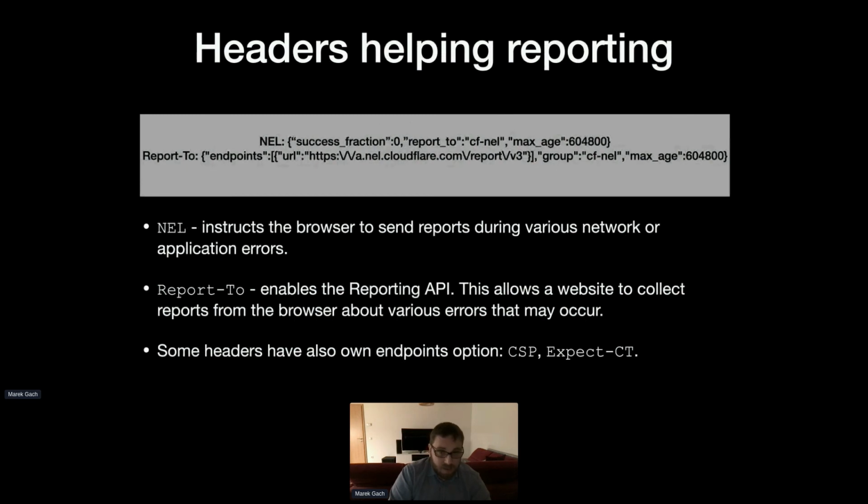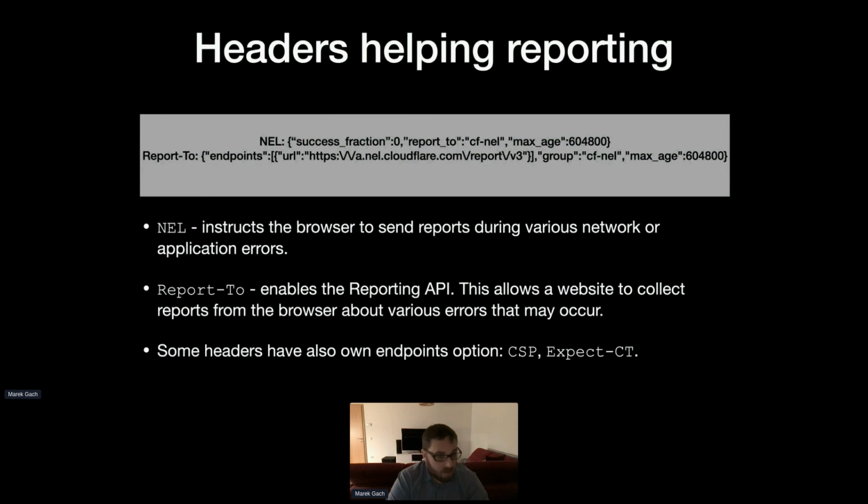And here is, I think, quite an important thing, and that is reporting. I mentioned a few of the headers like CSP and Expect-CT, which have the possibility of using endpoints for reporting.